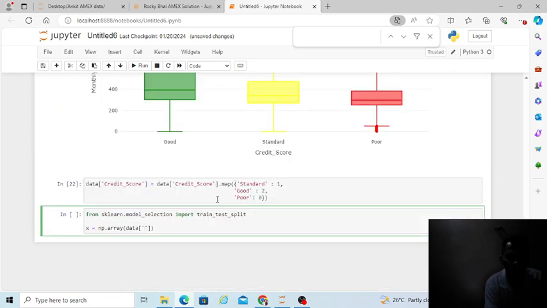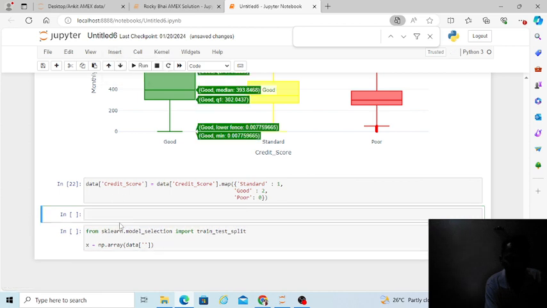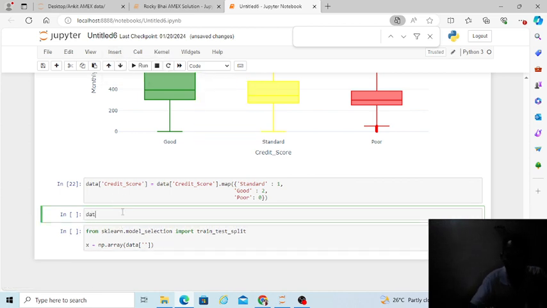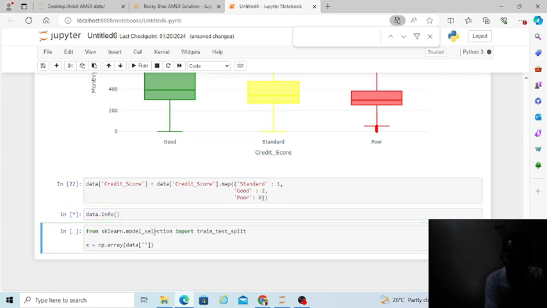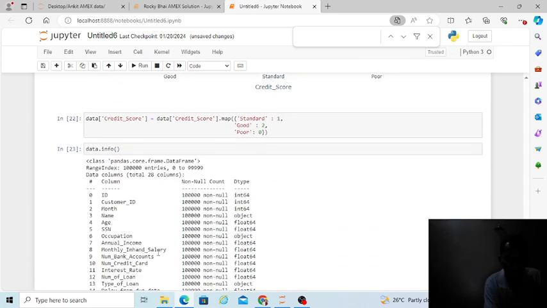So for that, first I will insert one cell before this one and write data.info, so that all columns come in front of me and I can select the columns.